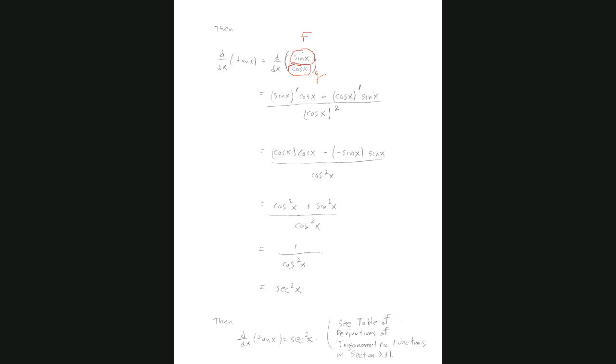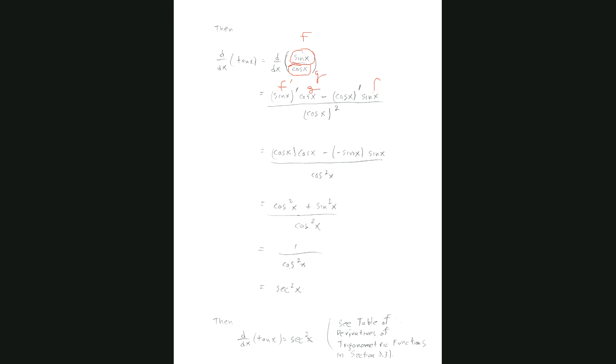So then the derivative of the quotient is f prime times g minus f times g prime.